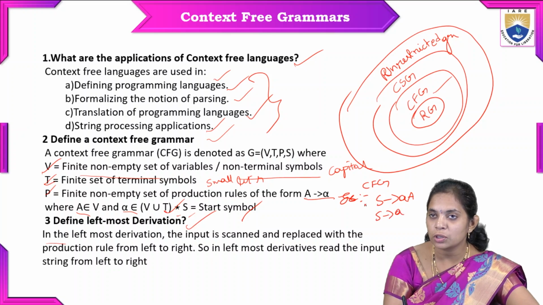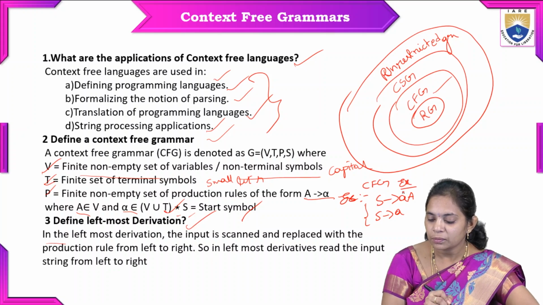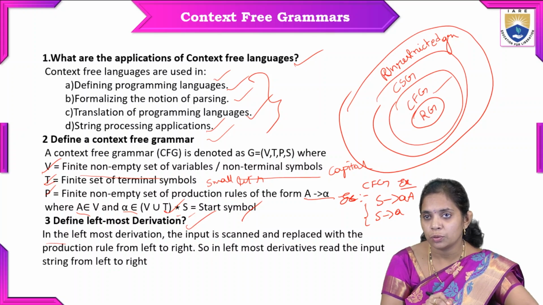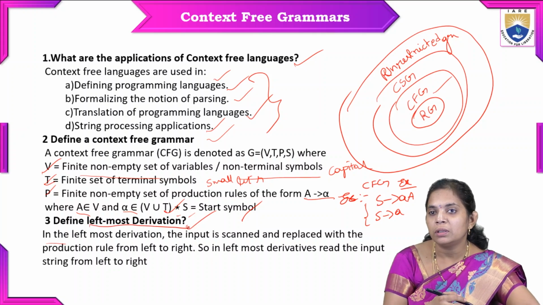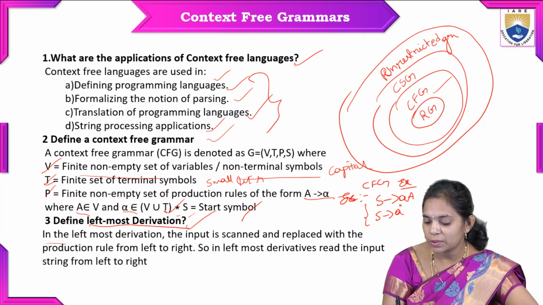These are the two production rules of this example. Coming to the leftmost derivation, we need to move in the left to right direction. We'll take the example of leftmost derivation here.